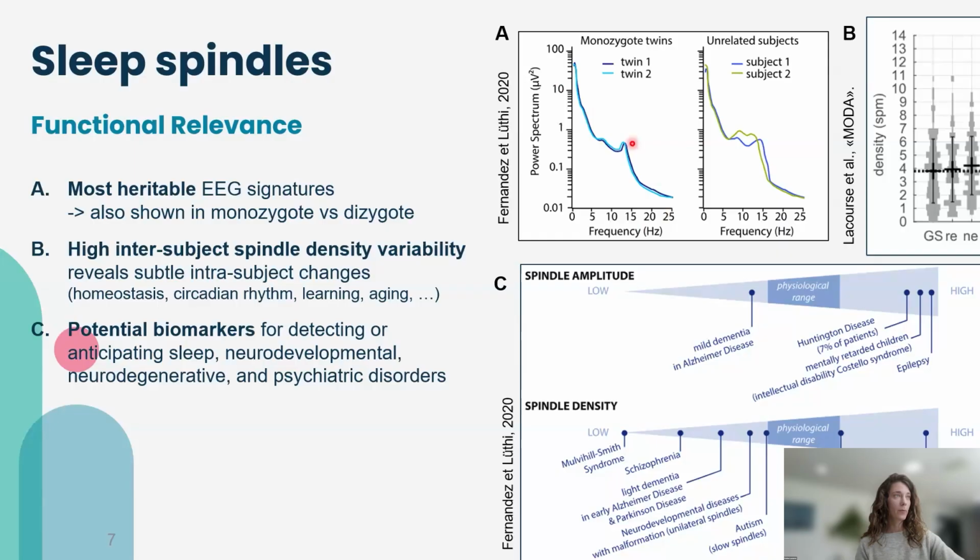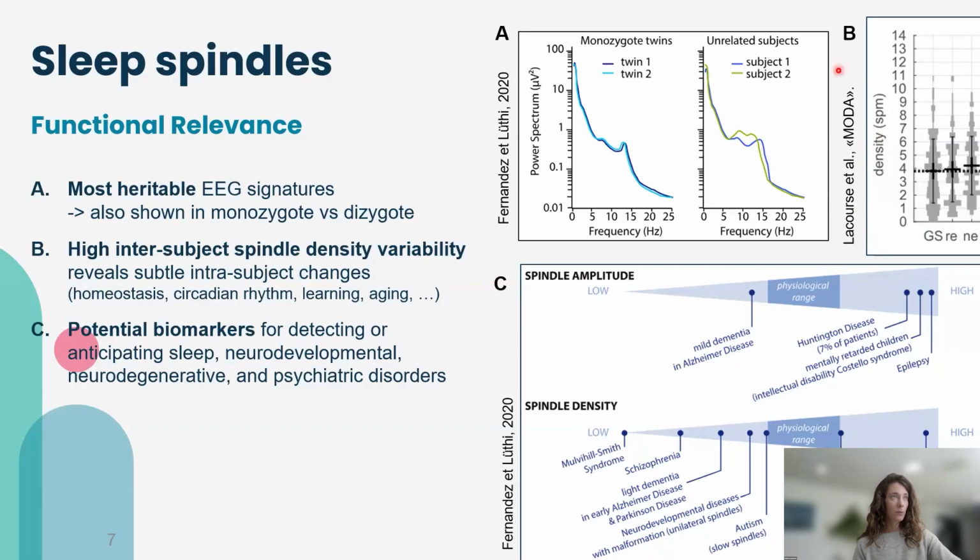The two lines are really superposed compared to unrelated subjects. The large inter-subject variability in spindle density highlights more fine intra-subject change driven by factors such as homeostasis, circadian rhythm, learning, and aging. So it's quite important to have variability in the spindle density.